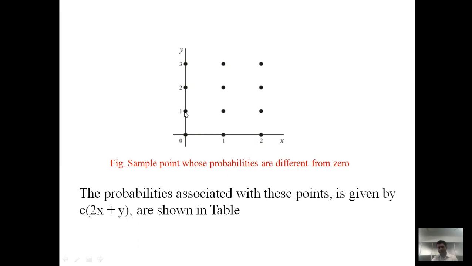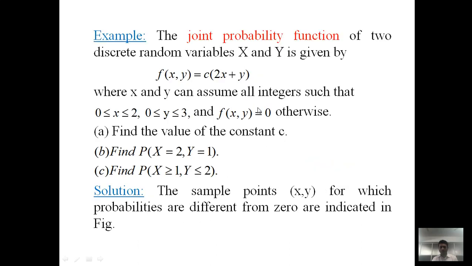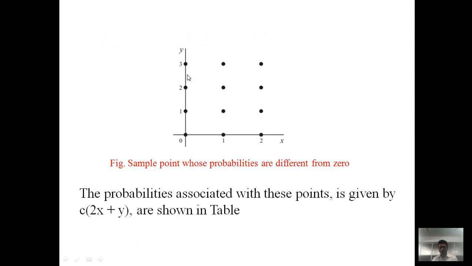Here the x coordinate is 0 and y is 1, so 0,1. These are 1,1. Similarly, the x coordinate is 1 and y coordinate is 2, so 1,2. These are x 2, y 3, so 2,3. So there are only these few points where the probability is non-zero. In all the remaining points the probability is 0.